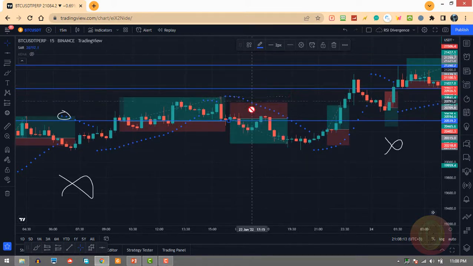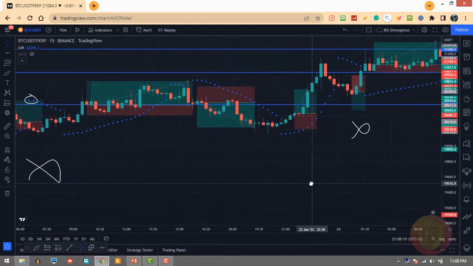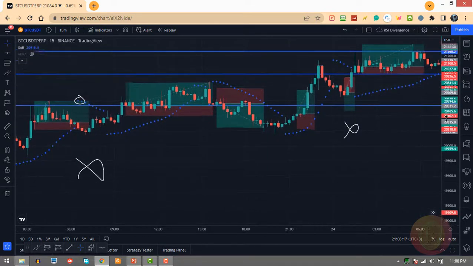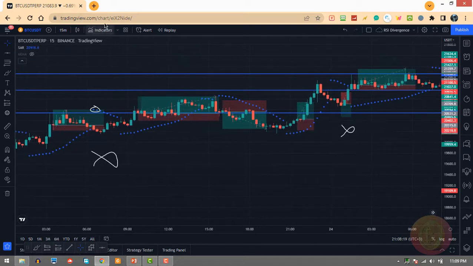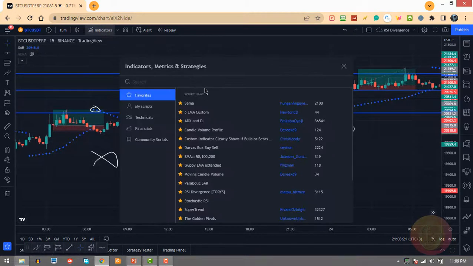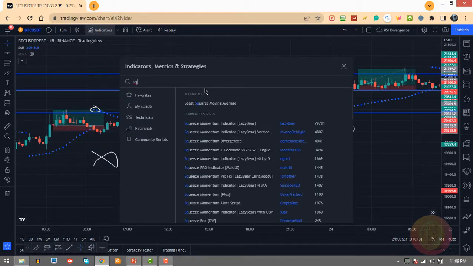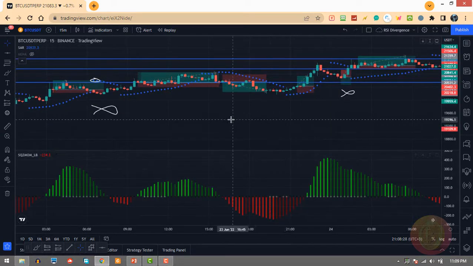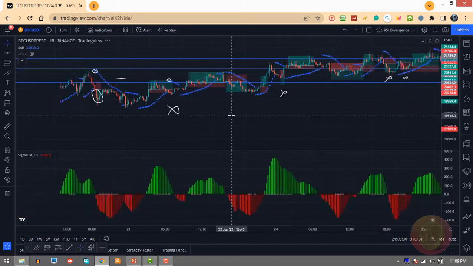Let me show you this gift indicator, which is our squeeze indicator, this one.